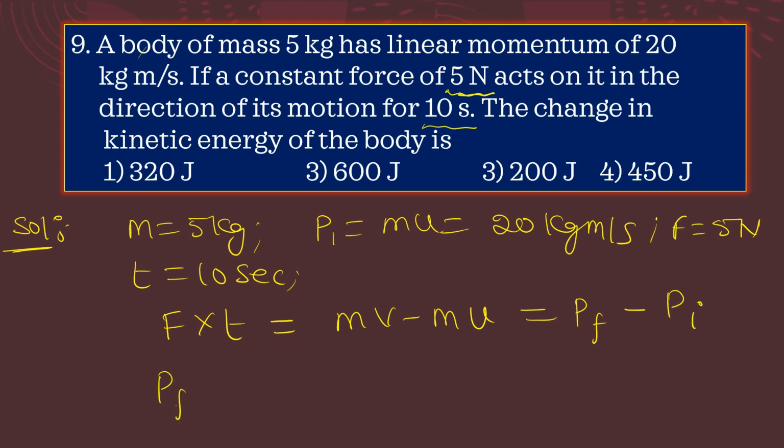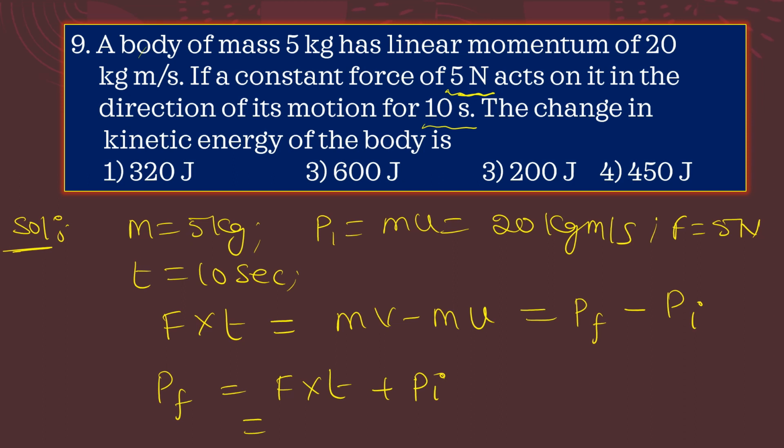So Pf is equal to F into T plus Pi. Here they have given us the initial momentum, 20.